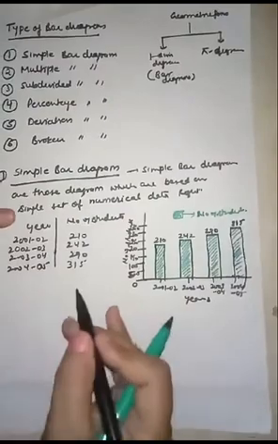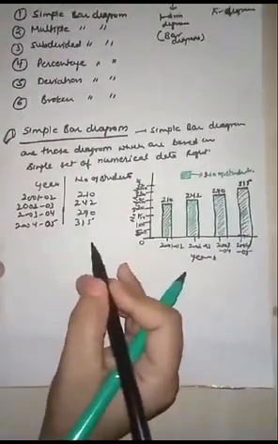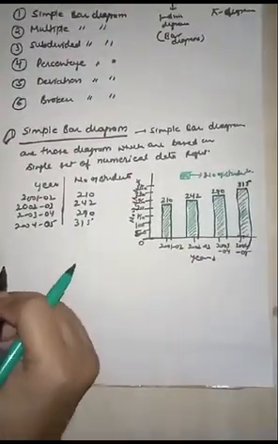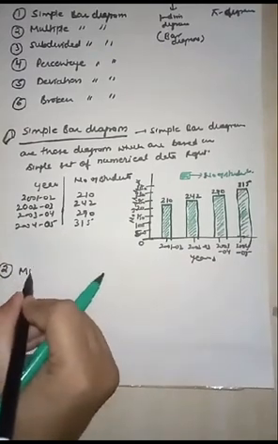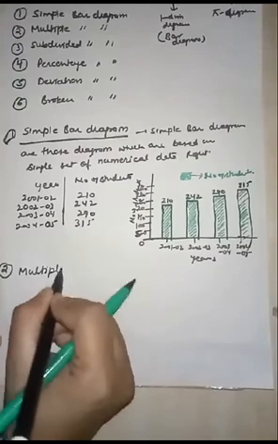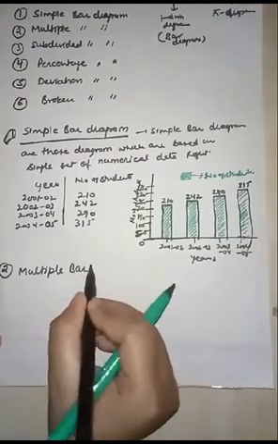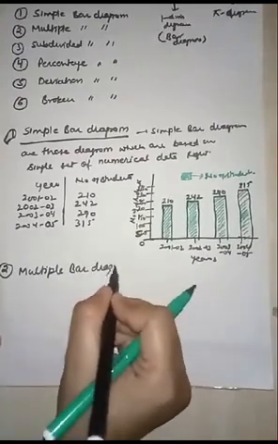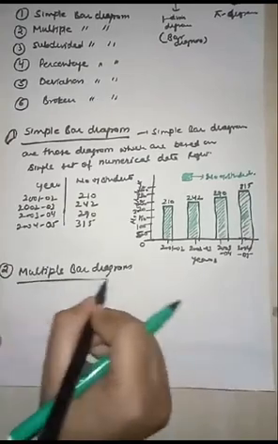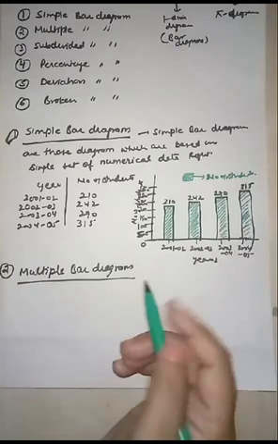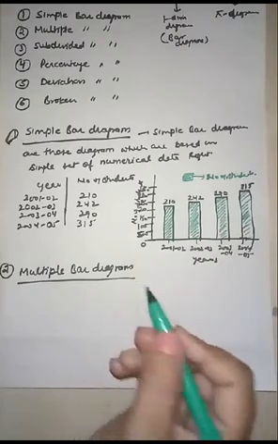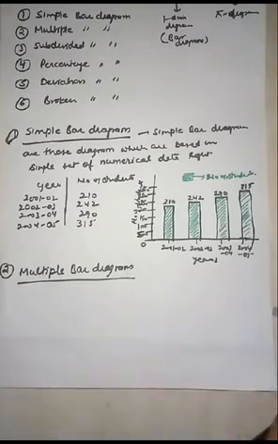Now the second is the multiple bar diagram. Second type is multiple bar diagram.